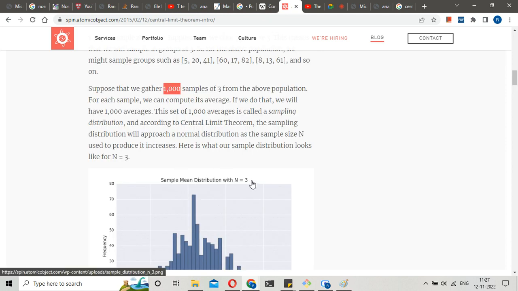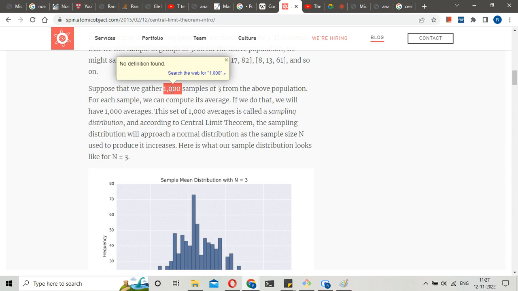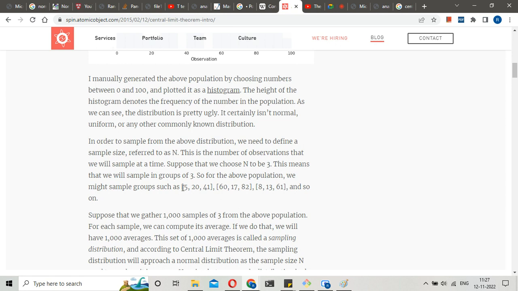Mean distribution with n equal to 3, sorry, three people you took out of 1,000. So suppose you have only 1,000 people, but you take a group of three, compute the mean and plot it. Now again you take one more sample of three people randomly, and the means will come like this.